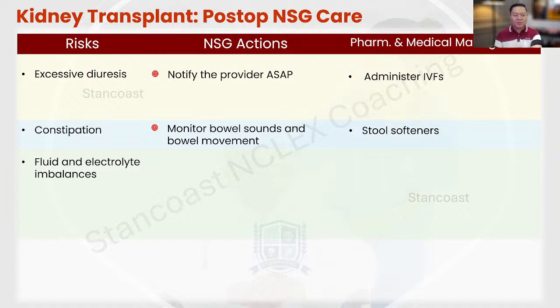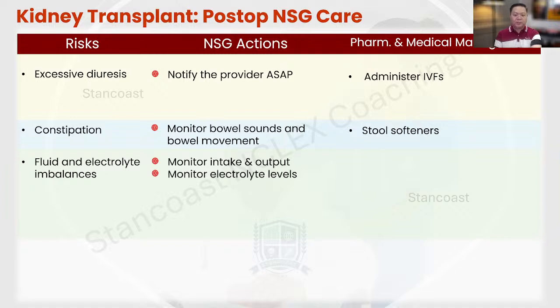We don't want to overwhelm the system, but we want to start with at least softening their stools. Now, also, fluid and electrolyte imbalances can occur during the post-op phase, and we are going to monitor the intake and output as well, and also the electrolytes.